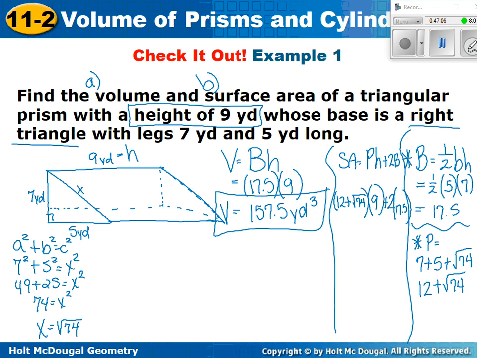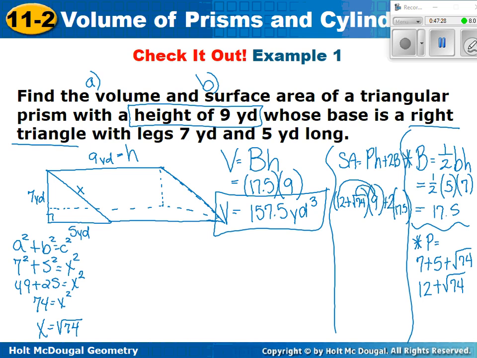Okay, let's simplify. Be very careful right here with P times H. Either you have to distribute this 9 to both if you're trying to leave it exact, or you have to type it in parentheses and then round. So be very, very, very careful.